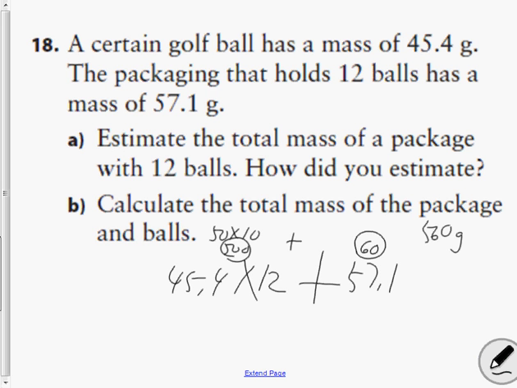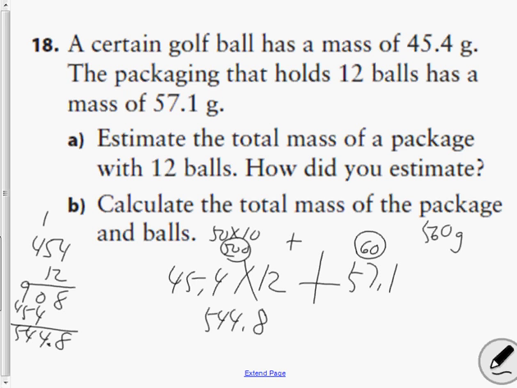When I actually do the actual math, 454 multiplied by 12 is 5448. Since my estimation for that was 500, the actual must be 544.8. Plus the box or the package that it comes in at 57.1.